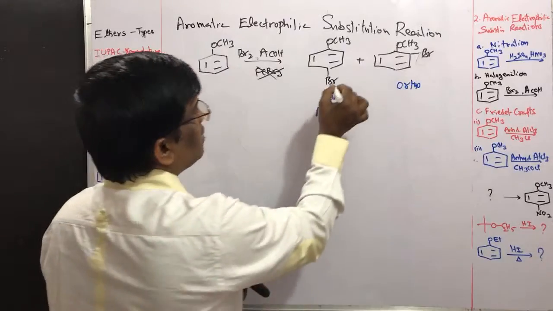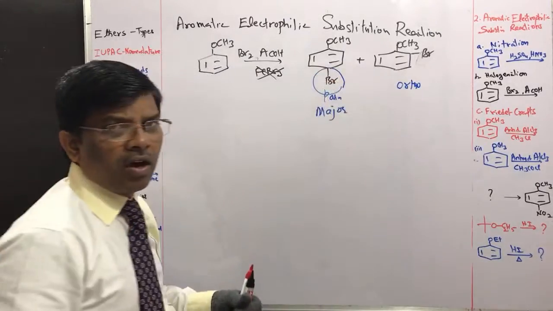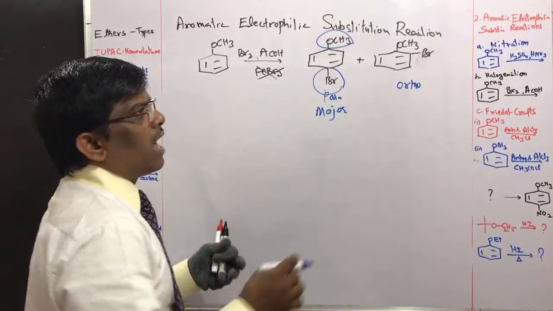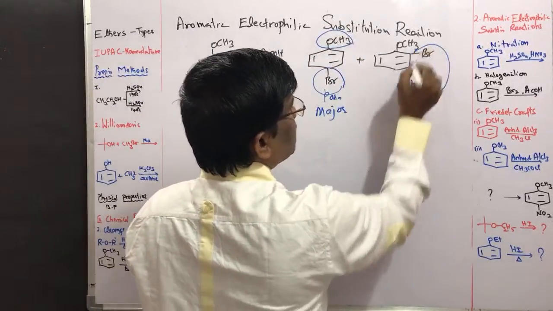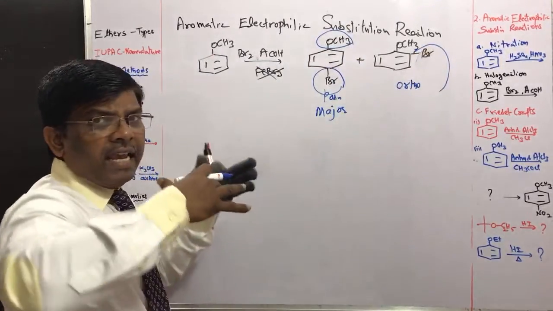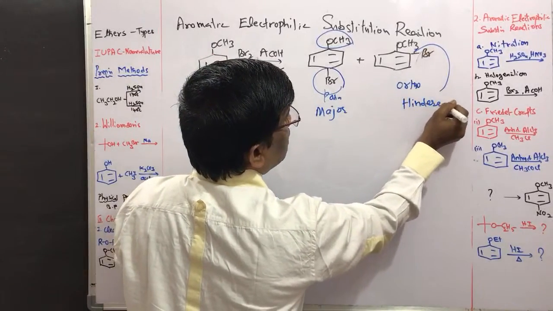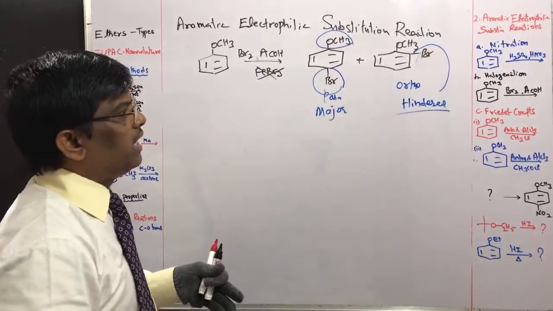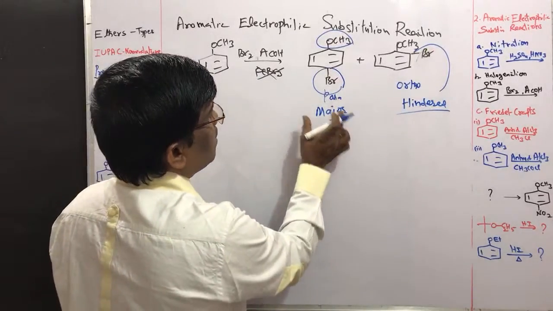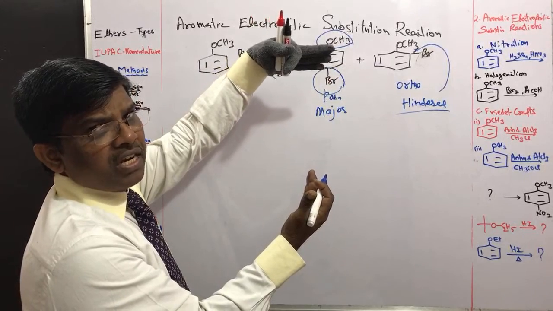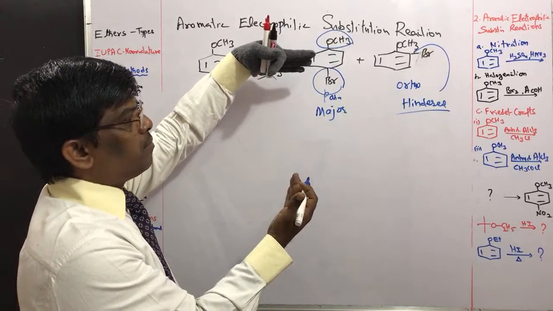The reason is that bromine is a big atom or molecule, and the methoxy group is also very big, so entering at the ortho position is very tough, or hindered. The para position is very easy to approach on this benzene ring, so that is why it gives the major product.